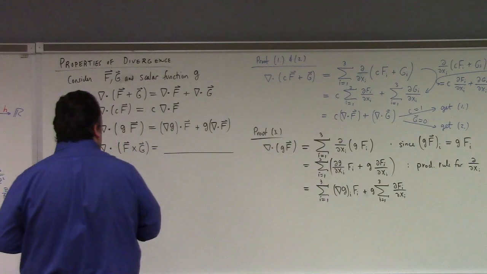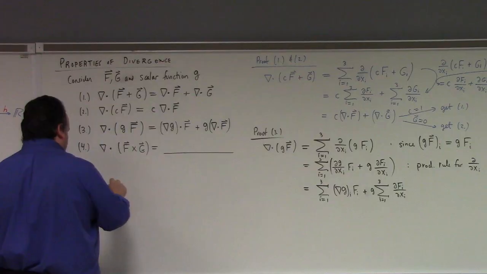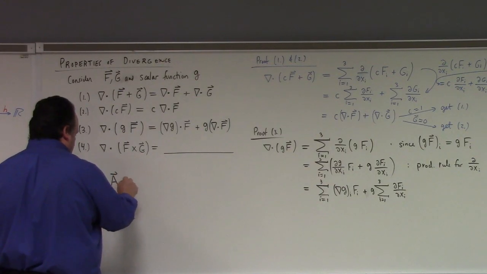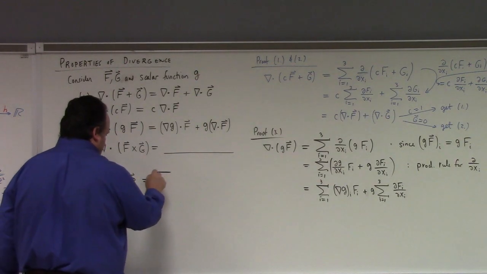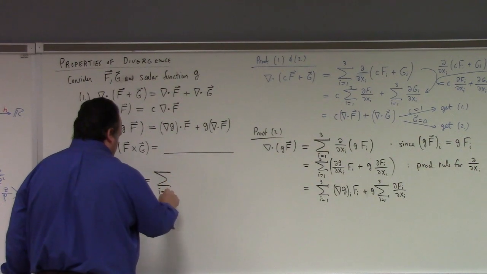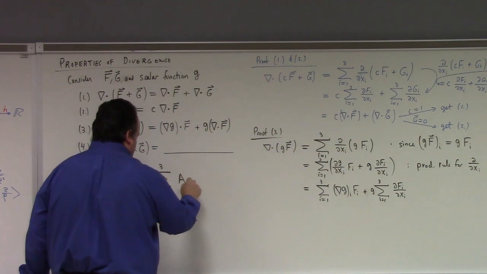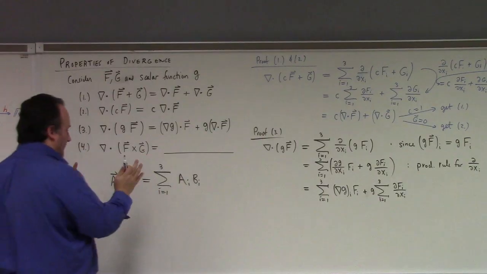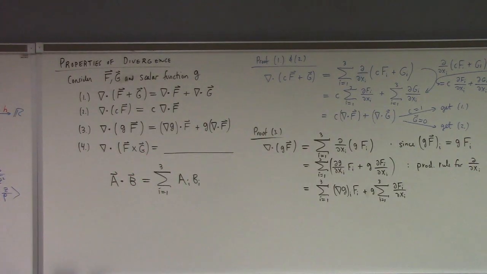Now at this point, I need to remind you guys, if we have A dot B, in summation notation, the formula for the dot product looks like this: the sum, i equals 1 to 3 of A sub i, B sub i. That's the formula for the dot product in summation notation.